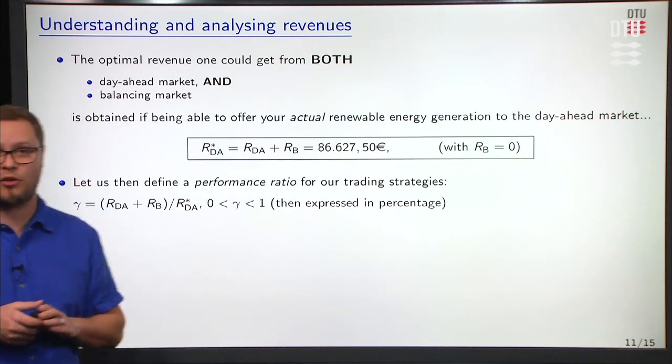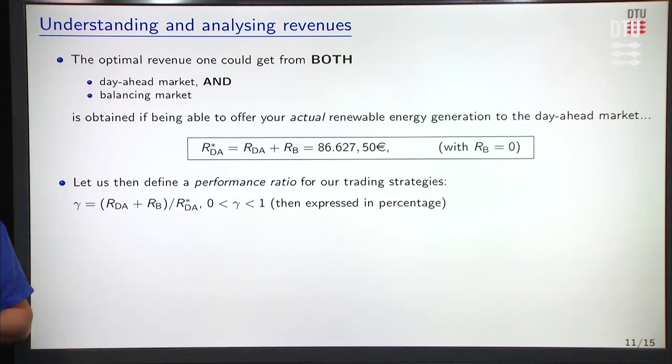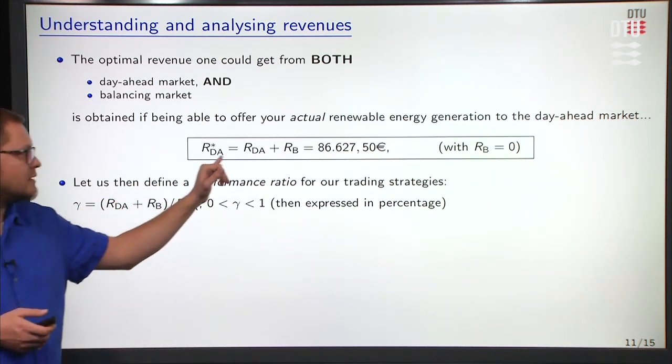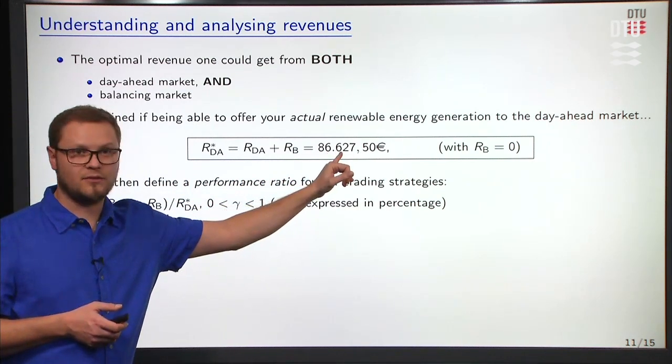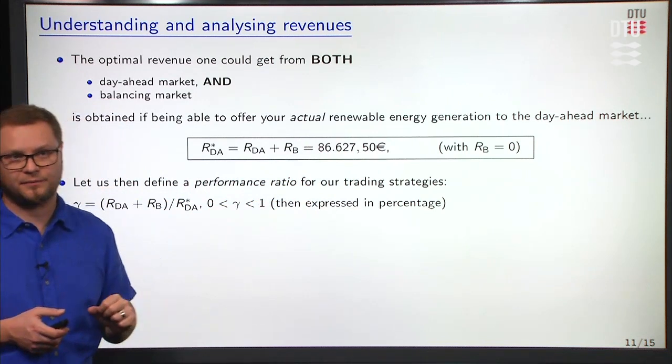So the case of perfect information should be the ideal revenue we get through the electricity market. If having perfect information, somehow we are directly offering the observations as if we already knew what we were going to produce. In our case, that gives a revenue of 86,627 euro and 50 cents.